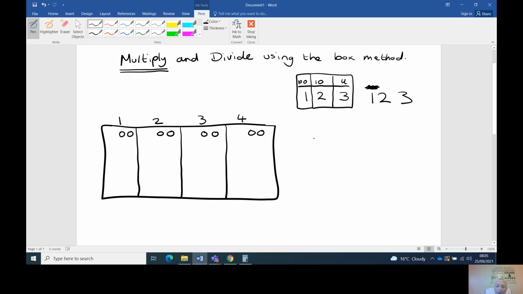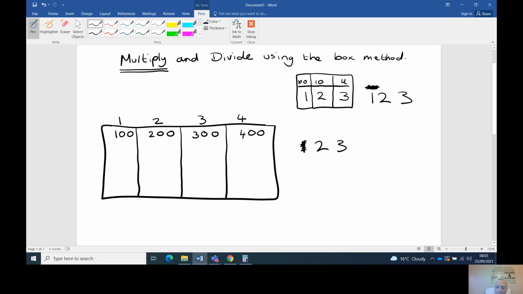Right, 1. Let's bring it down here actually, because it's easier. So 1 times 1 is 1. 1 times 2 is 2. 1 times 3 is 3. And 1 times 4 is 4.